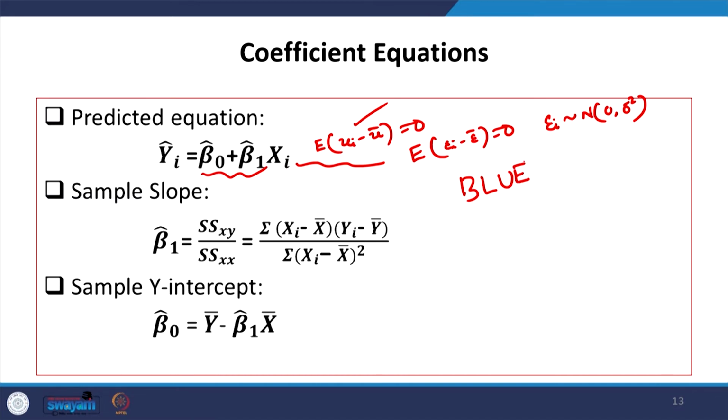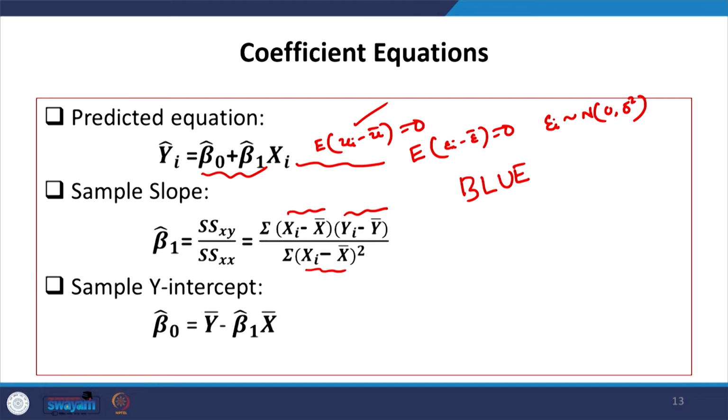Beta 1 hat is derived as the covariance between x and y divided by the variance of x. Covariance is the relationship between y and x, divided by the sum of squares of x's own variance.